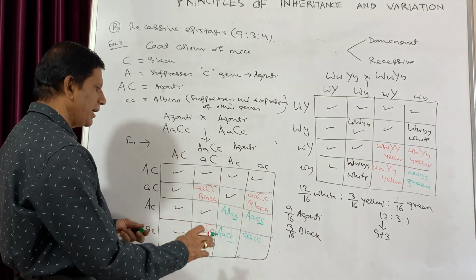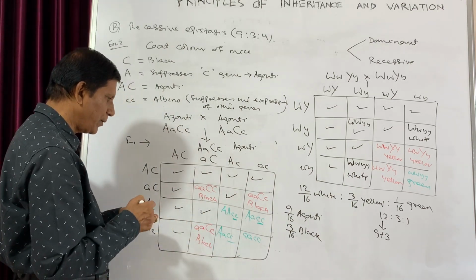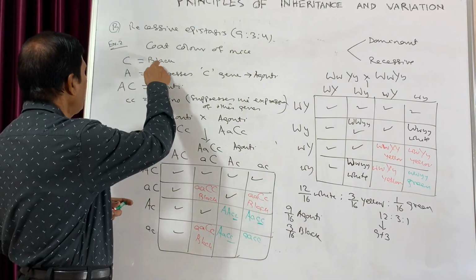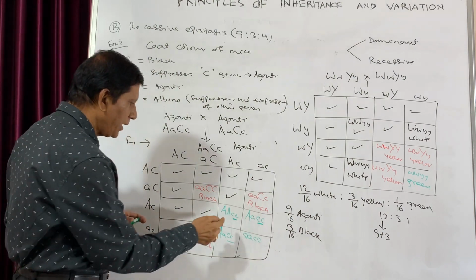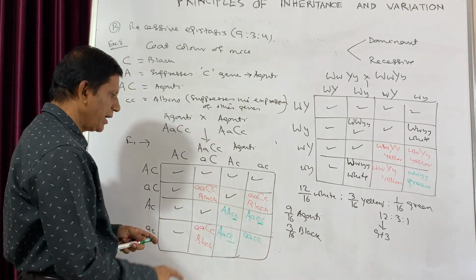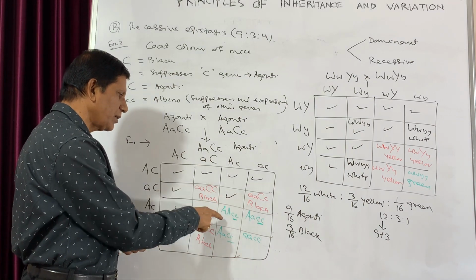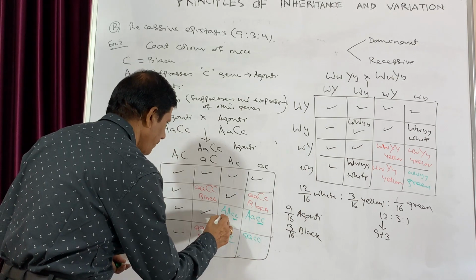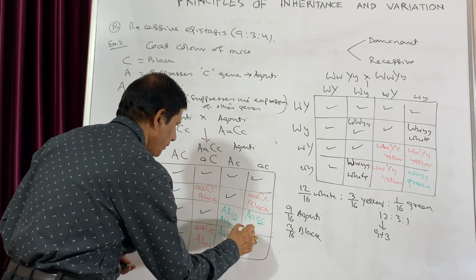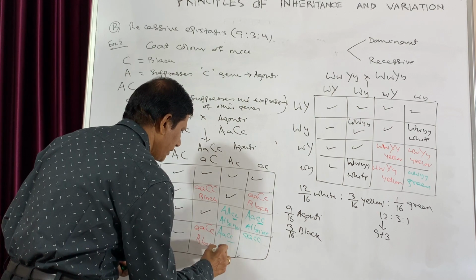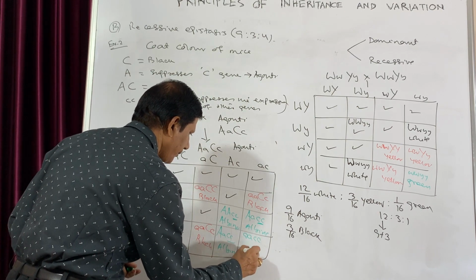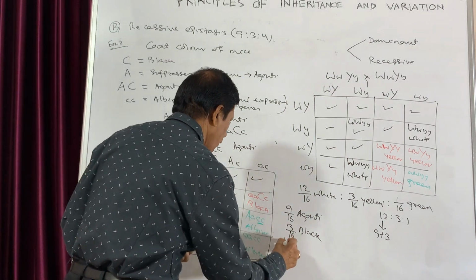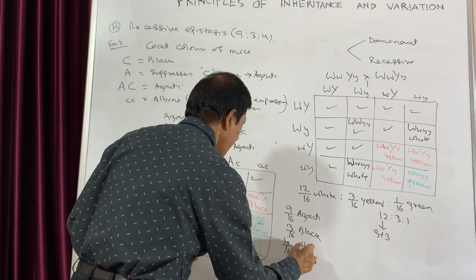That means in these four cases, this C gene, which is responsible for black color when it is present in dominant form, when present in recessive form is suppressing the expression of the other dominant gene, that is A. That is why all these will be albino. That means it will give rise to 4/16 albino color.